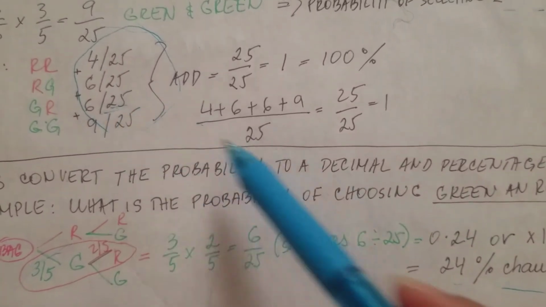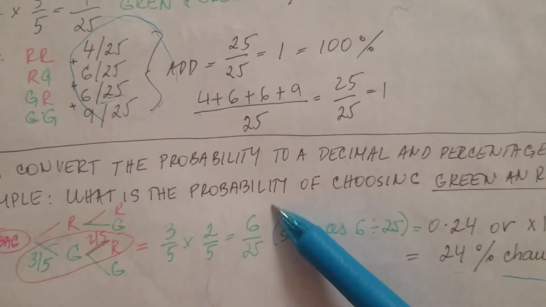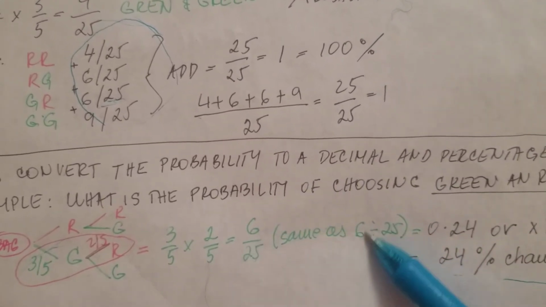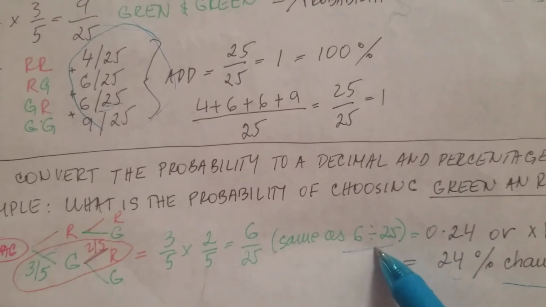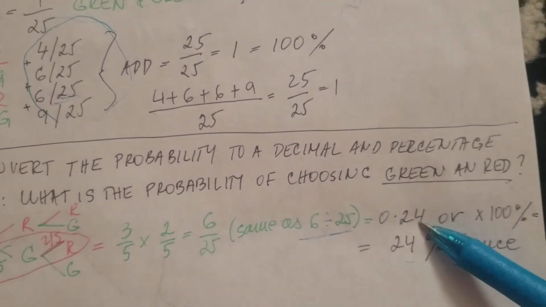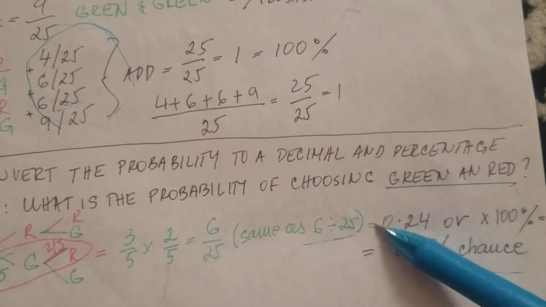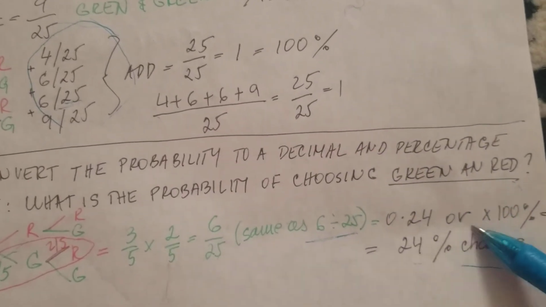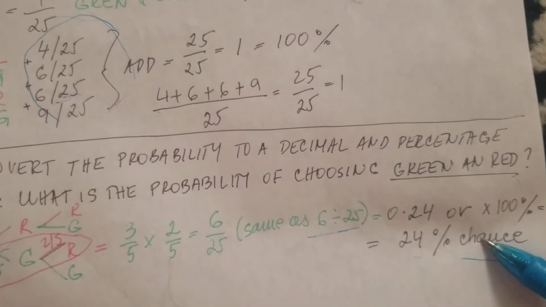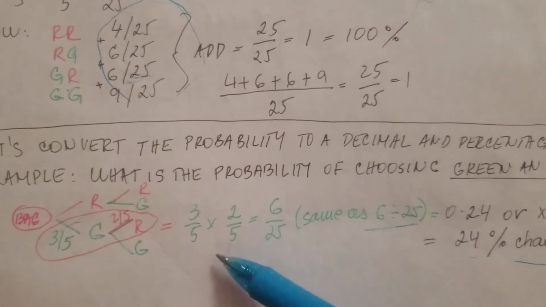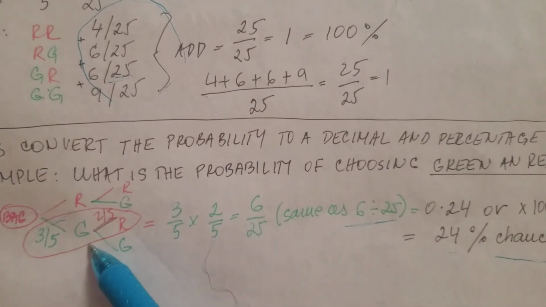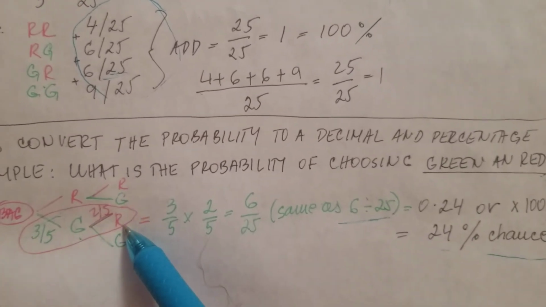So we can simply divide 6 by 25, which equals 0.24. Now, if we want to convert this to a percentage, we multiply by 100%, which gives us 24%. So we have a 24% chance of picking a combination of green on the first try and red on the second try.